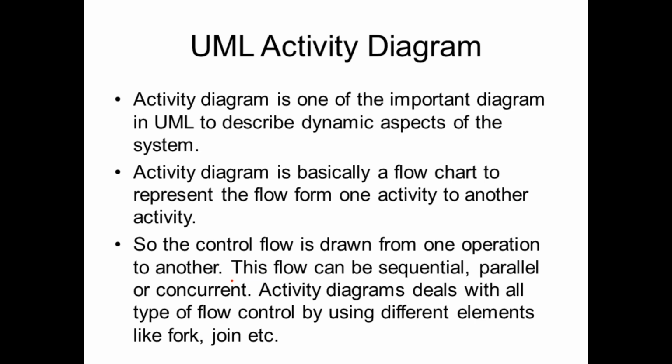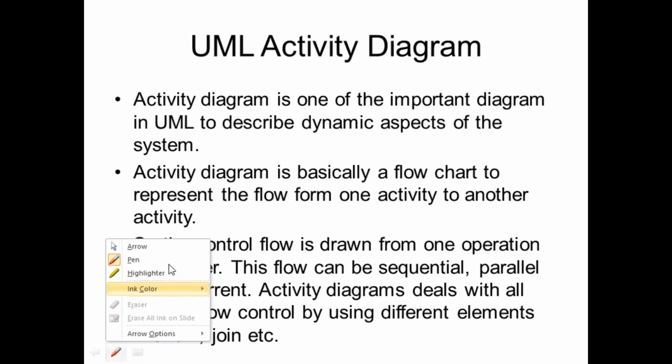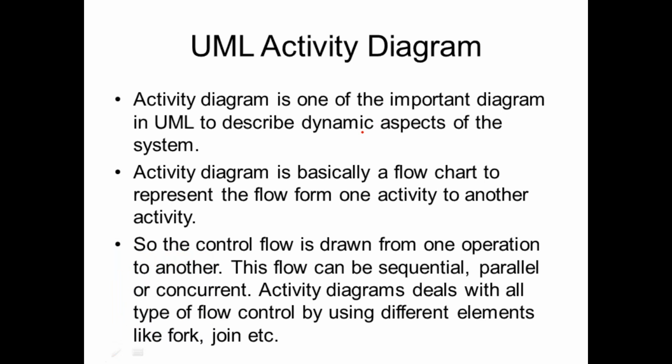Now, when we talk about the activity diagram, it is one of the important diagrams in UML to describe the dynamic aspects of a system. Activity diagram is basically a flow chart to represent the flow from one activity to another. The control flow is drawn from one operation to another. This flow can be sequential, parallel, or concurrent. It deals with all the types of flow control by using different elements like fork and join.